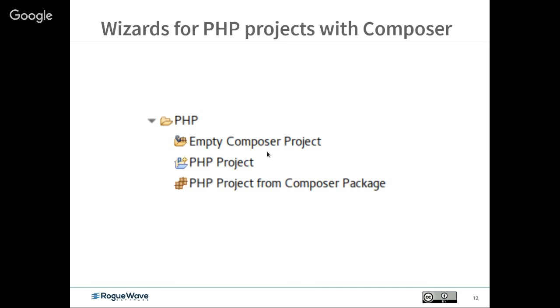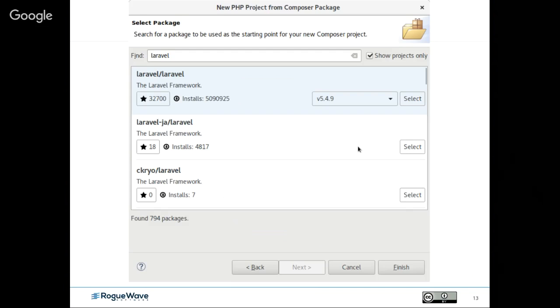There is this empty Composer project that just creates a PHP project with a default composer.json file that you can start adding your dependencies to from scratch, or you can use this PHP project from Composer package that helps you to find a project skeleton on Packagist, which is the central repository for Composer packages, and start your project from such a project skeleton.